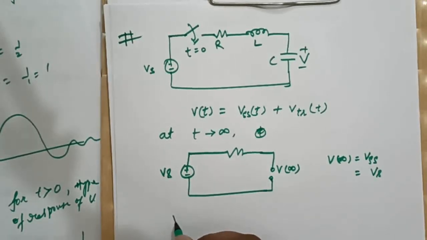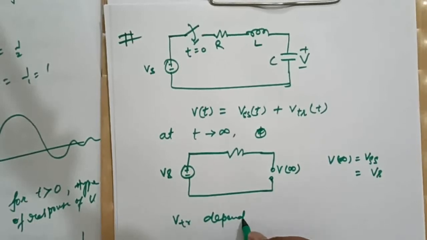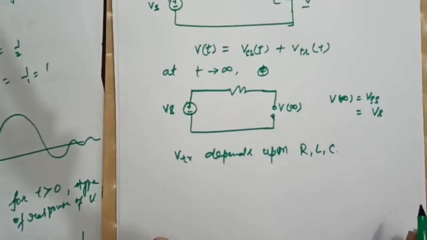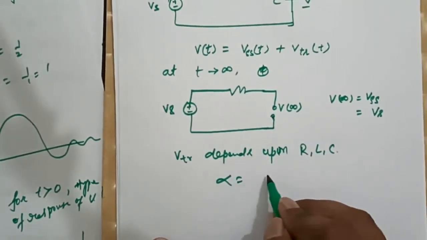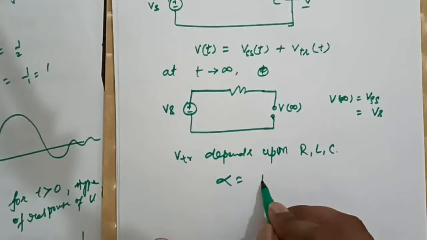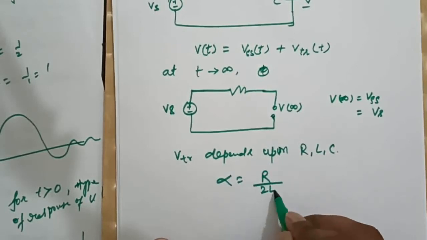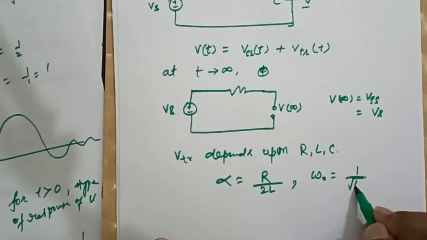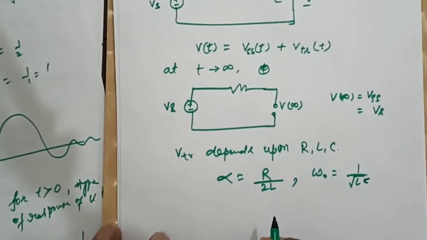And since the transient response depends upon the elements R, L and C, in a series RLC circuit our alpha will be R by 2L and our omega naught will be 1 by root LC, as was in our previous cases.